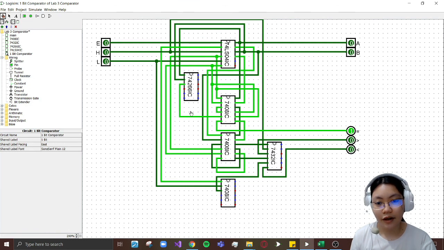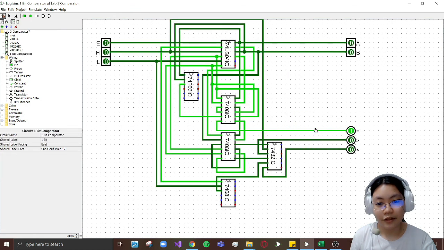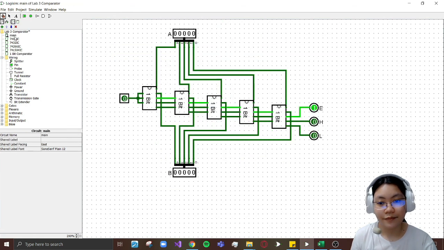And then for us to be able to create a 5-bit comparator, we simply cascaded the 1-bit comparator that we have created. And so we can produce this type of circuit wherein the final output signal of the 5-bit comparator is dependent on the most significant bit. That concludes my Lab 3 vlog.